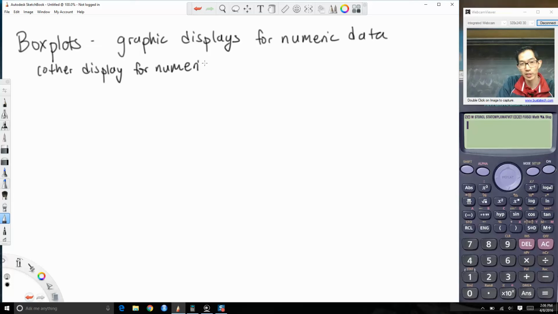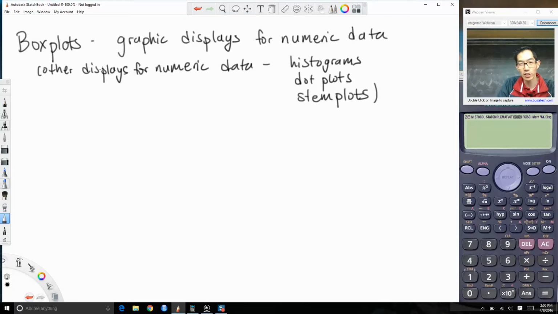Other data displays for numeric data include histograms, dot plots, and stem plots. These are the ones we've covered. After today, you'll also have box plots in there. This is what a box plot looks like.